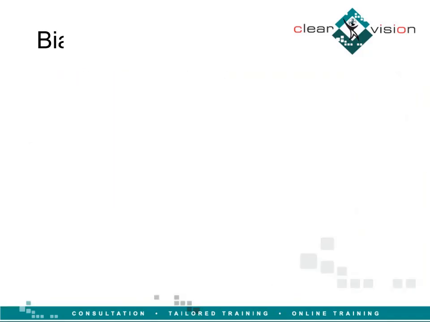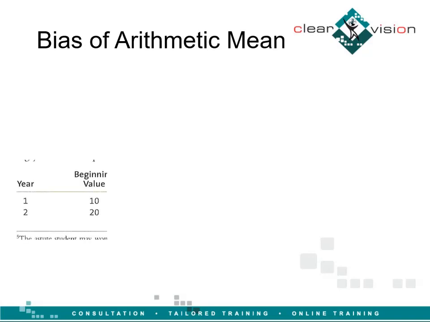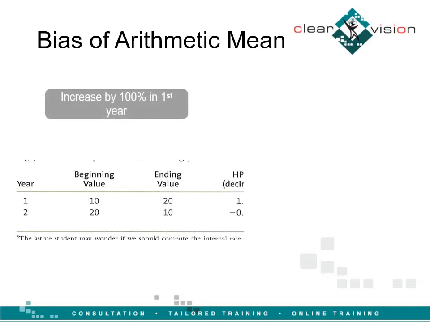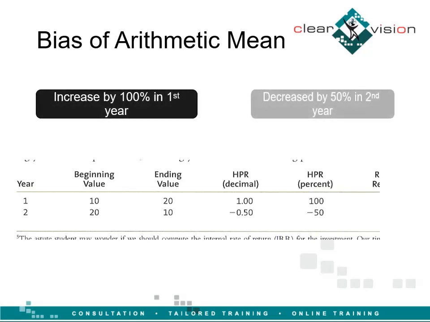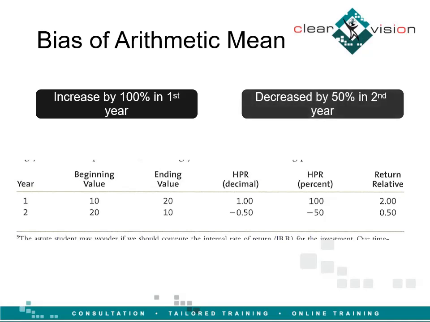To further explain the idea of bias of arithmetic mean, let's assume we purchased an asset and within 1 year it doubled, or appreciated 100% in value.